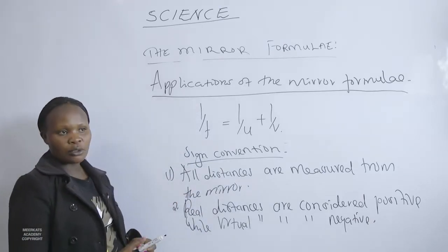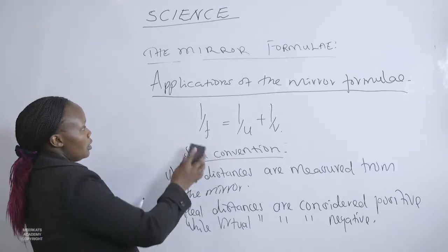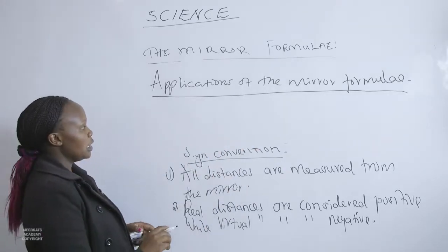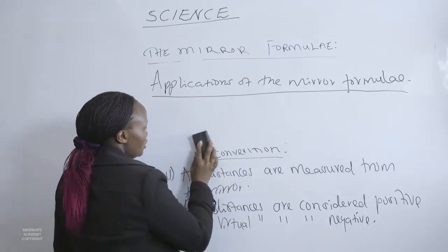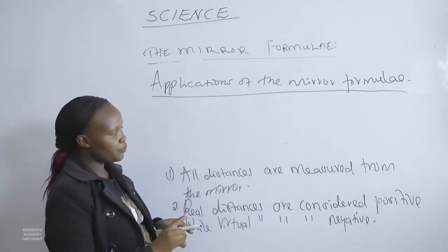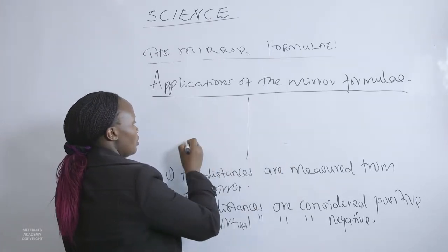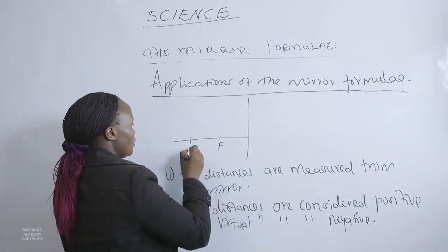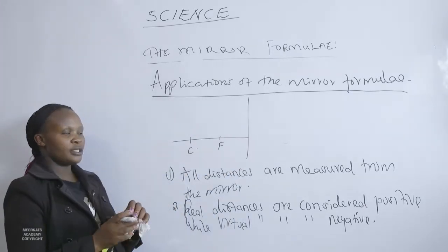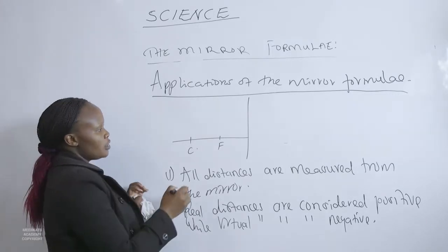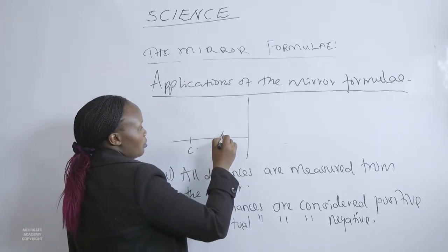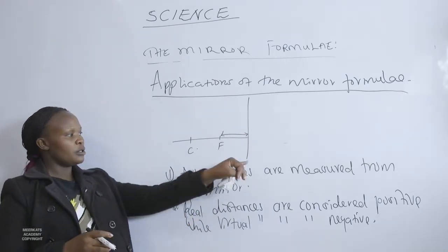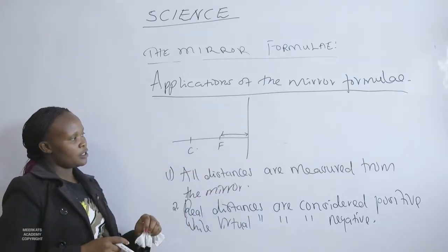Now, this is what we mean. If we were to look at a concave reflector, for example, here we have our F, we have our C. Now, this distance from the pole has to be measured from the reflecting surface.